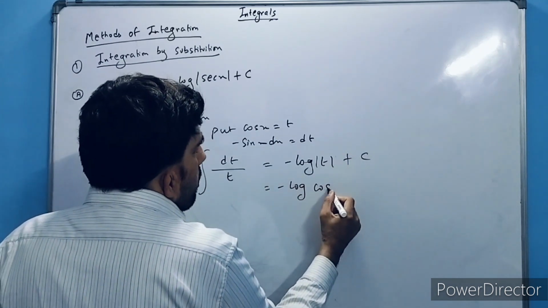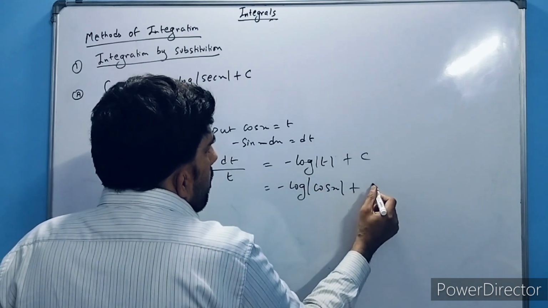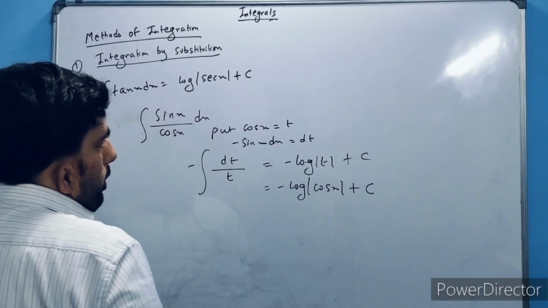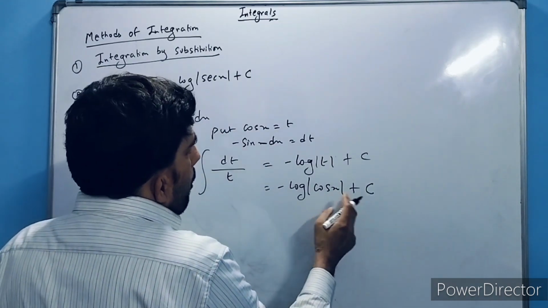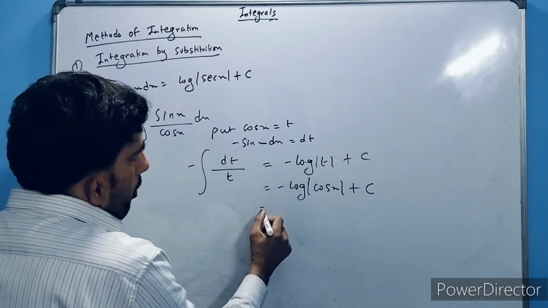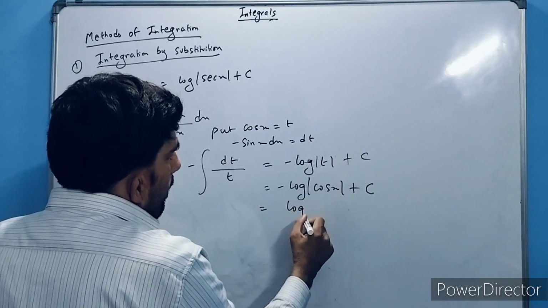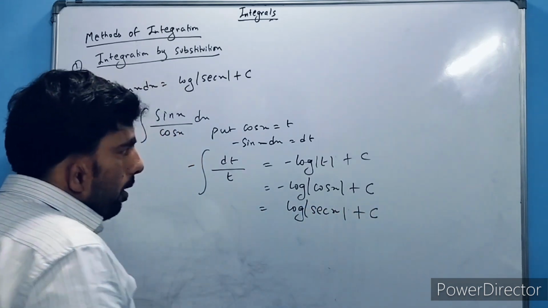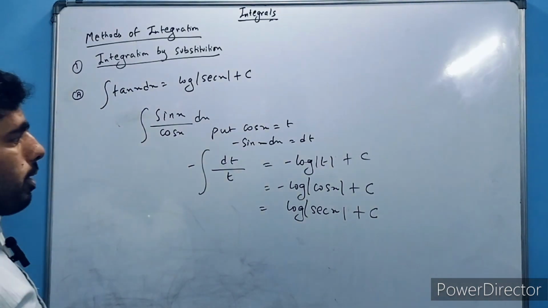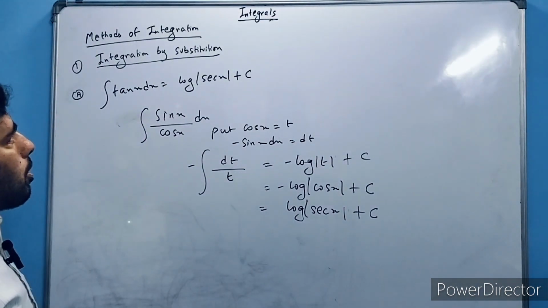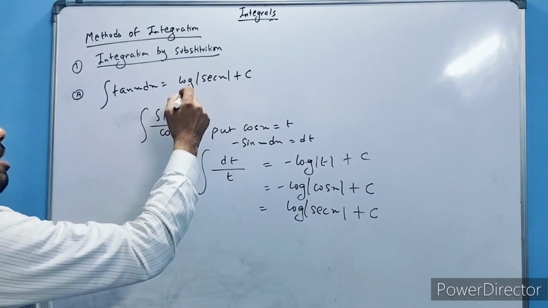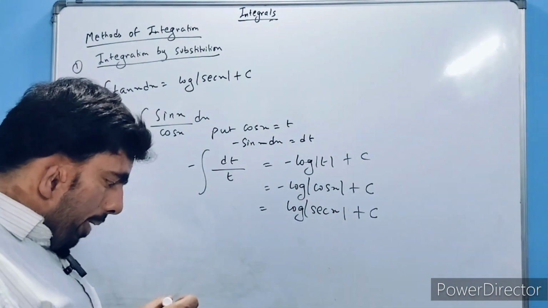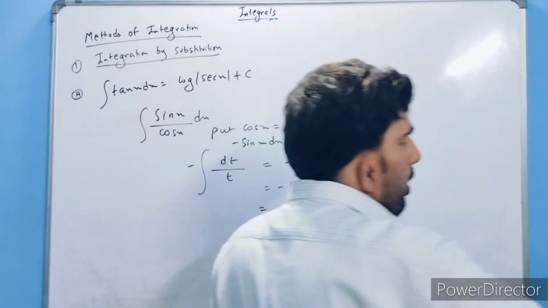I have put cos x, so minus log cos x plus c. Now this is a negative sign, so we'll take it to log sec x plus c. Okay, so now we can easily prove the formula. So we have got this formula, the integral of tan x is log sec x plus c. Likewise we can find or prove other formulas also.